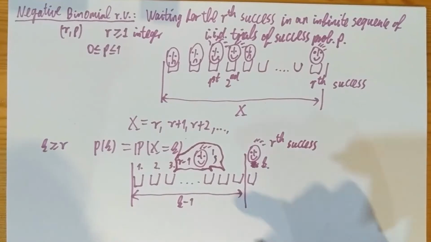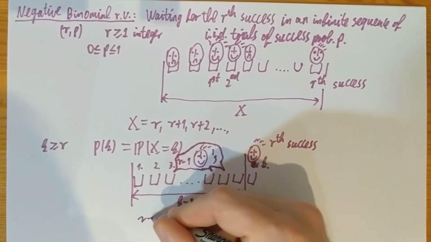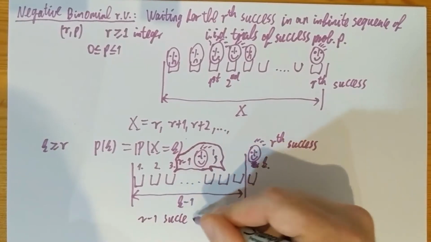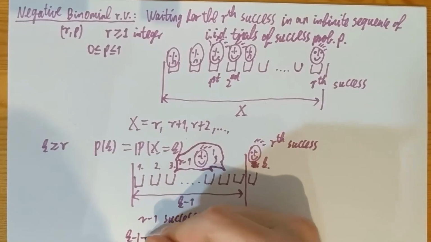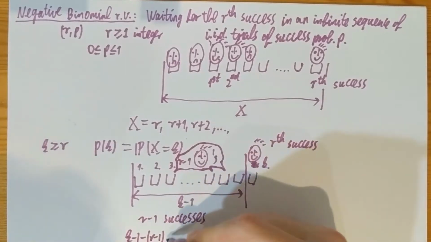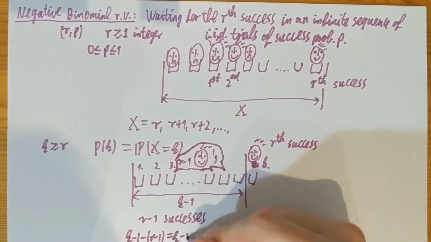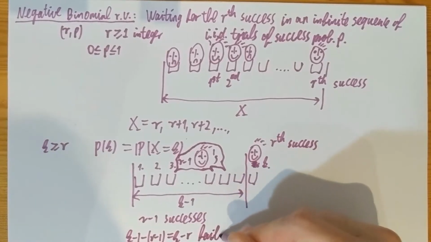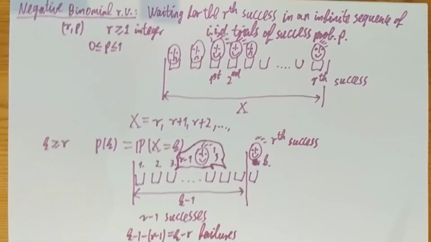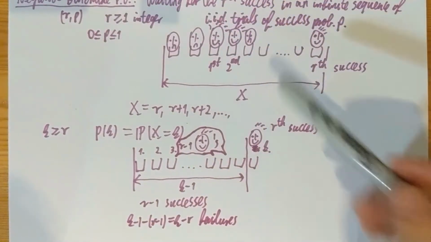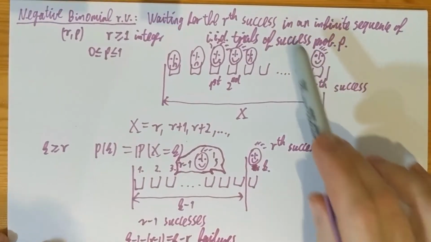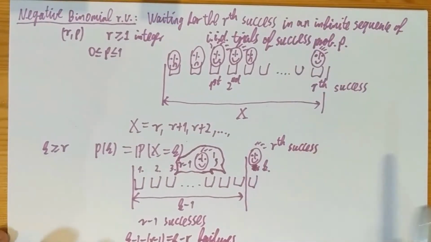In these K minus 1 slots, we're going to have R minus 1 successes, and we are going to have K minus 1 minus R minus 1, or just K minus R failures. And these can occur in any particular order. Whatever order these occur, it will lead to exactly this event, that the R's success comes on the K'th trial.